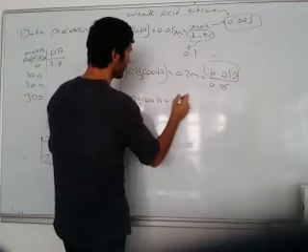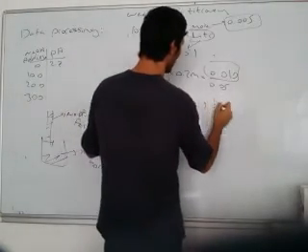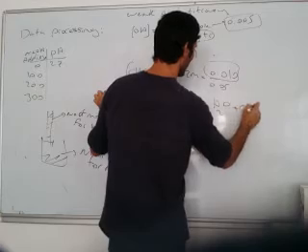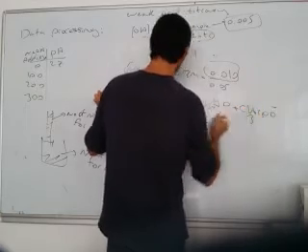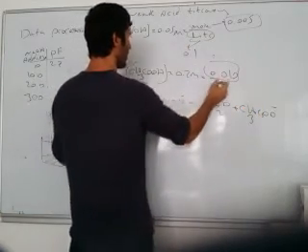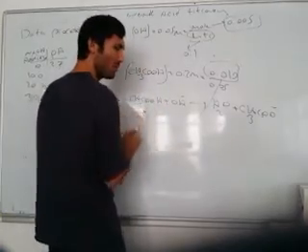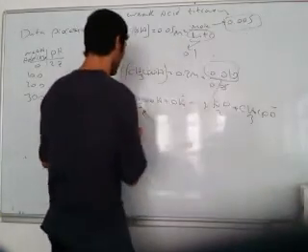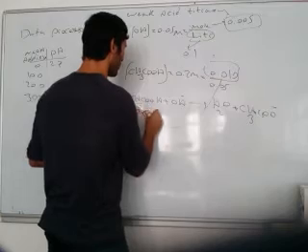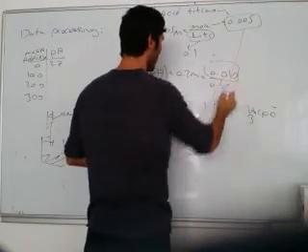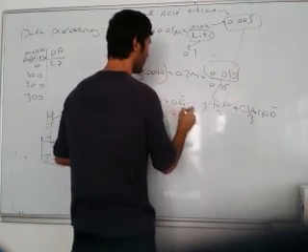CH3COOH plus hydroxide gives us water and acetate. For acid it is 0.01, for base it is 0.005.